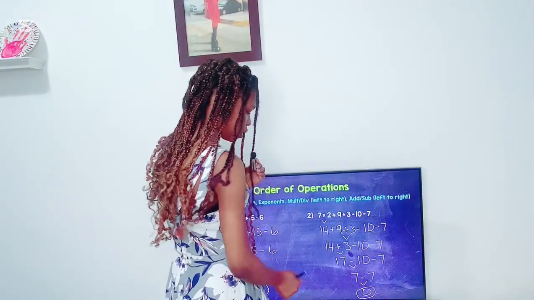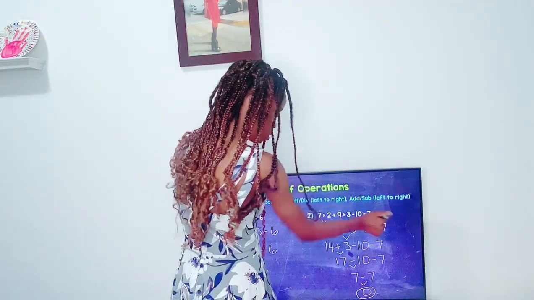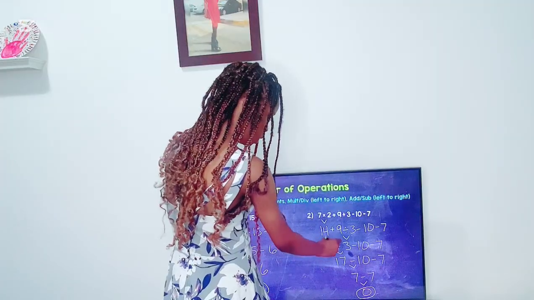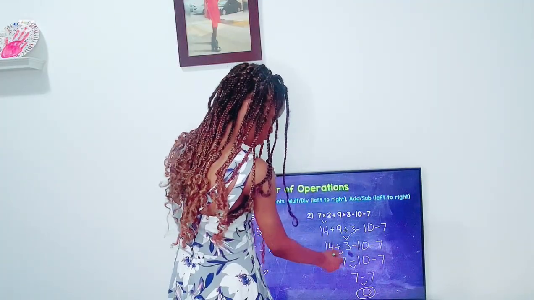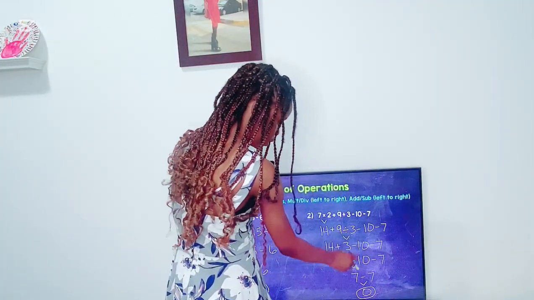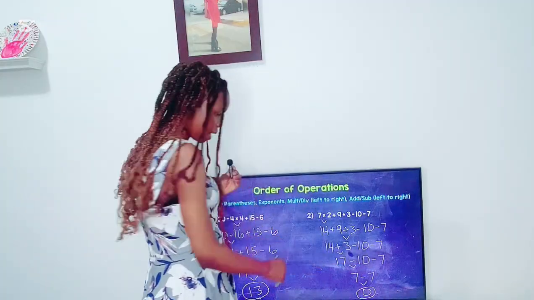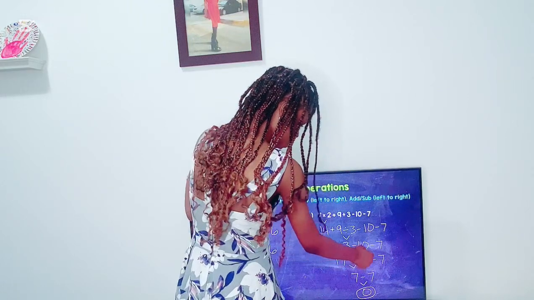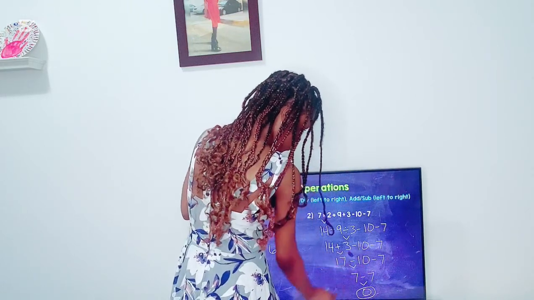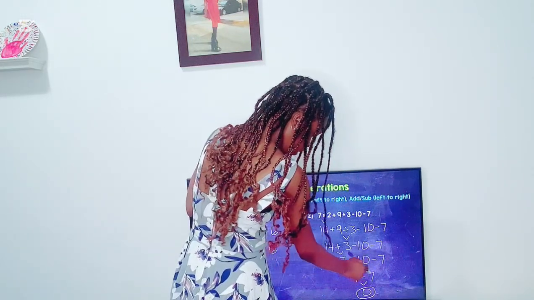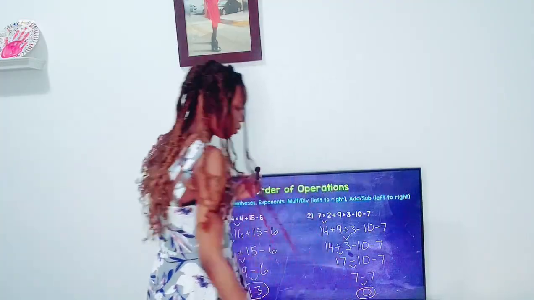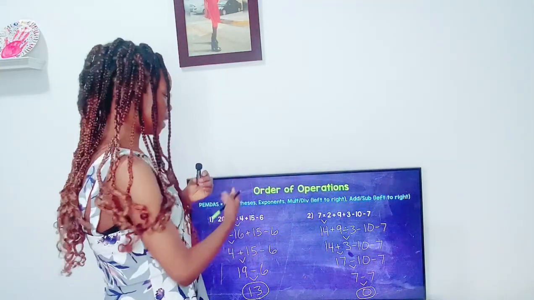We have addition first on our left, so 14 plus 3 will give us 17. Now we have 17 minus 10, which will give us 7. Now 7 minus 7 will give us 0. And that is our answer.